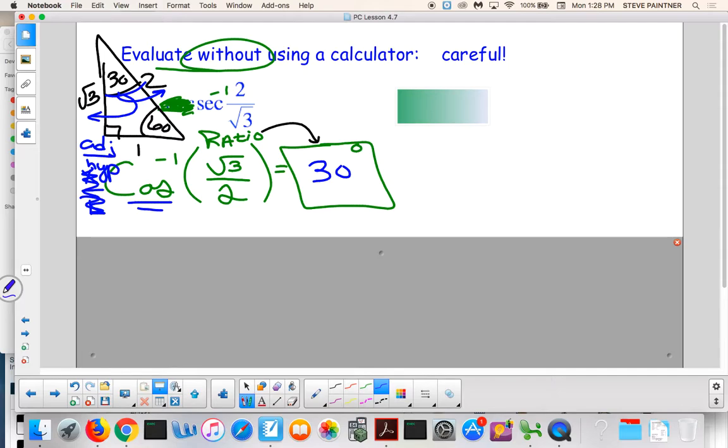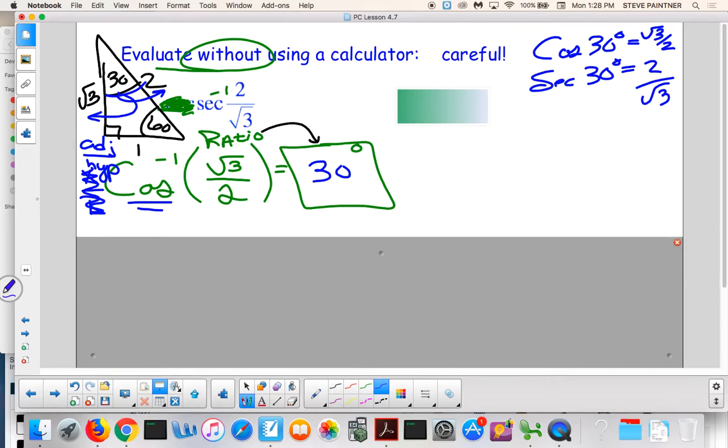So if I told you cosine of 30 degrees and secant of 30 degrees, cosine of 30 is what? This over that, square root of 3 over 2, right? Where secant would be the reciprocal, it'd be what? 2 over square root of 3. I know they didn't rationalize that, guys. I understand that. But these ratios are inverses of each other.